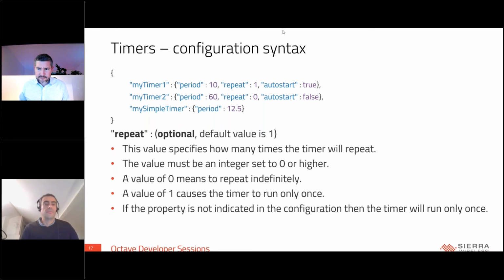This property is optional, so if it's not present in the configuration, like in my simple timer, then the default value is 1. That is to say, the timer fires only once.